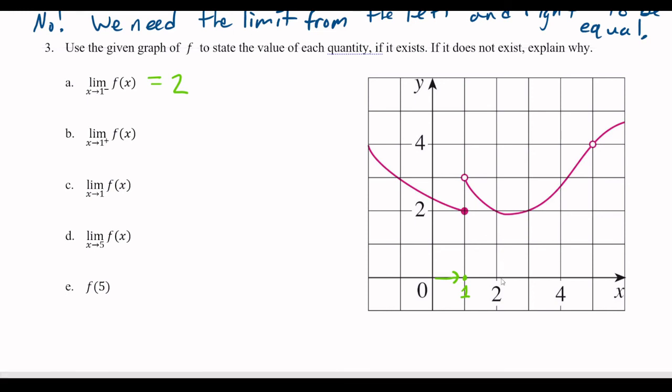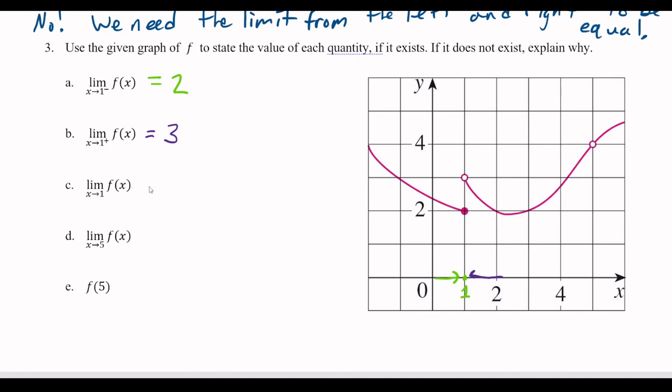Not that many options, but that's okay. So as I approach now from the right, and I try to get to this point, well, now this function is actually going all the way up to 3 here, right? This is as I get closer to 1, I'm going up, up, up, up to 3. So I put that down. The y value goes to 3.